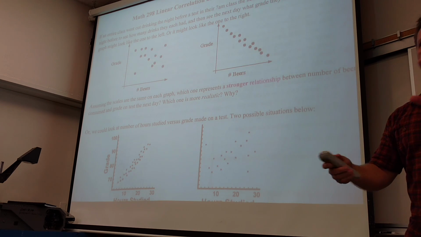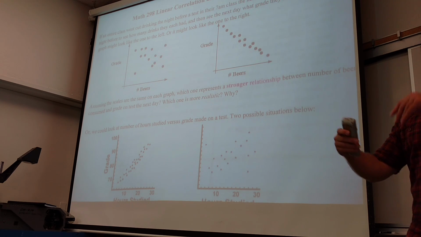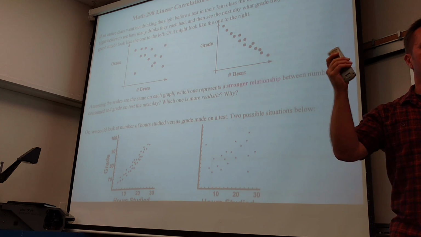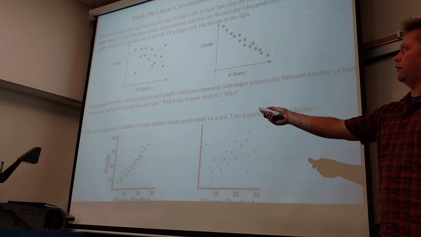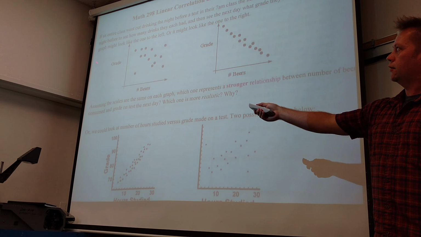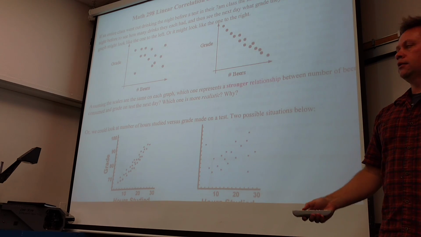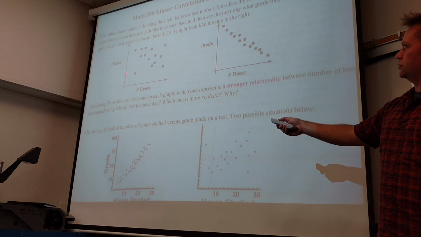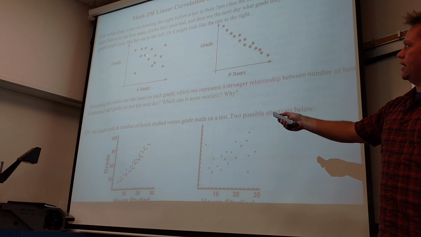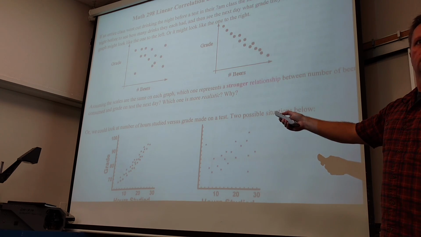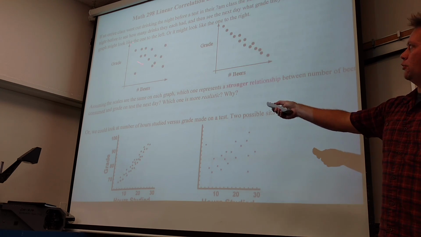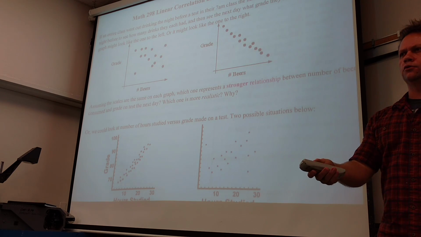So that's going to happen in the real world, obviously. There are going to be different fluctuations and different things that affect things. Here we're only looking at two variables: how do beers affect your grade the next morning? But if I discount those two outliers, doesn't this data line up pretty decently, not as strong as this one, but more realistically? Is that cool?